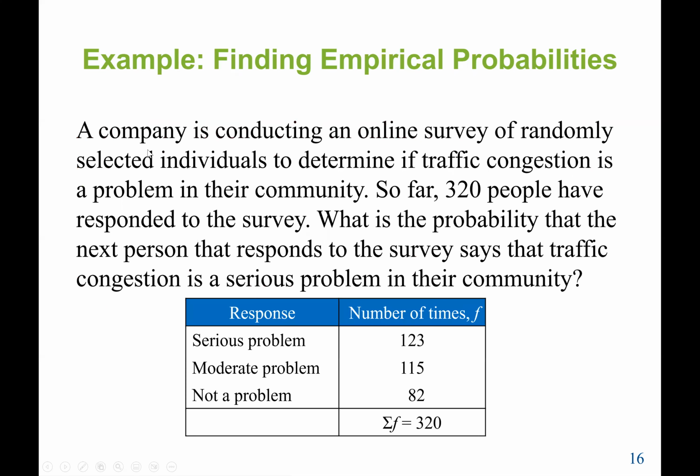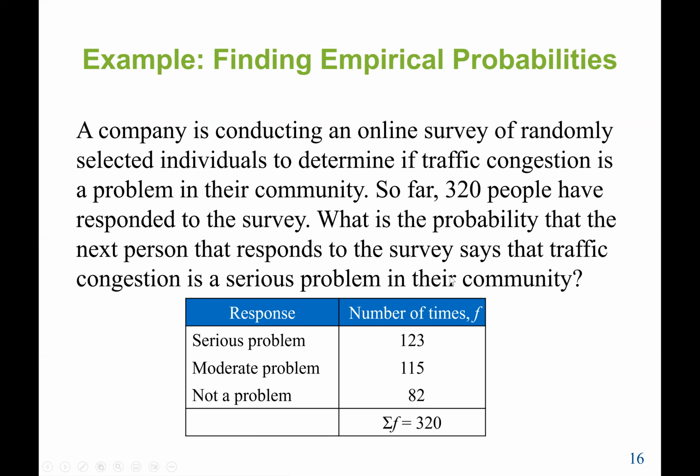So let's see this example. A company is conducting an online survey of randomly selected individuals to determine if traffic congestion is a problem in their community. So far, 320 people have responded to the survey. What is the probability that the next person that responds to the survey says that traffic congestion is a serious problem in their community?